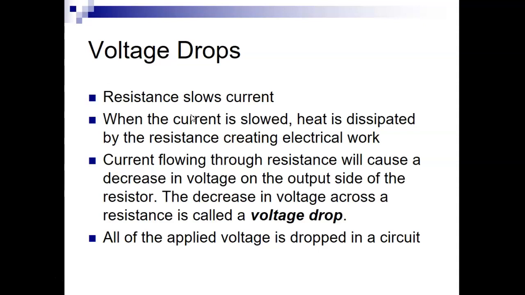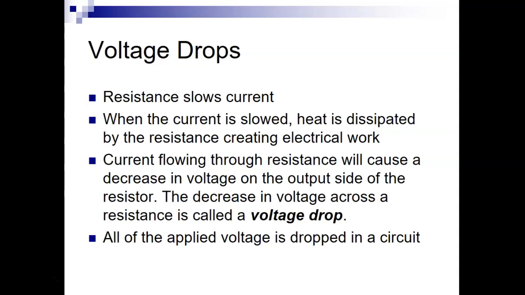So one of the things we will be talking about in series circuits are what are called voltage drops. Voltage drops. We saw some of it in intro, but this all goes back to the main formula of Ohm's law, which is what?